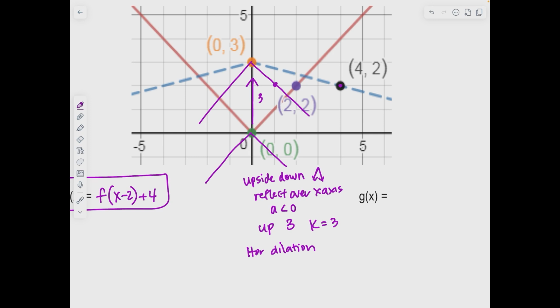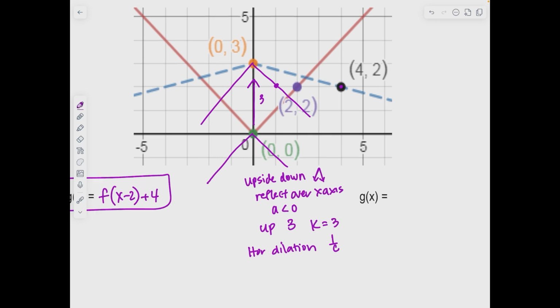Okay, and so what I need to do now is get to 4, 2. So my dilation is by a factor of 1 over c, so the reciprocal. In this case, it needs to flatten out, so in order to get there, I am going to multiply by 4.